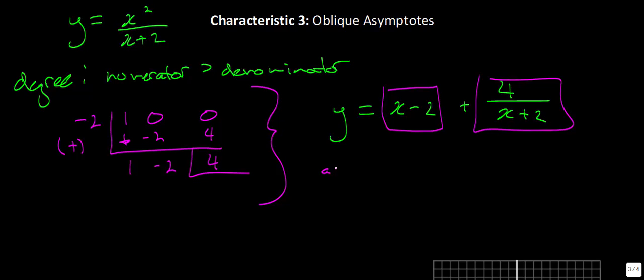So, as x, the absolute value of x, approaches infinity, what's going to happen? Well, for this part right here, you'll notice that this is just kind of a linear function. For the other part right here, we have a rational function. And we know that as this value gets bigger and bigger and bigger, you're going to have 4 over a very big number. So that means this part right here is going to approach 0. So if that part approaches 0, then all you're going to have left is this function.